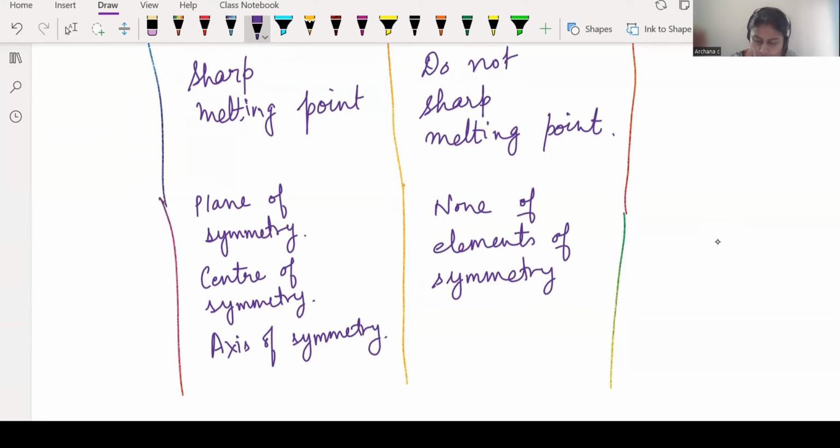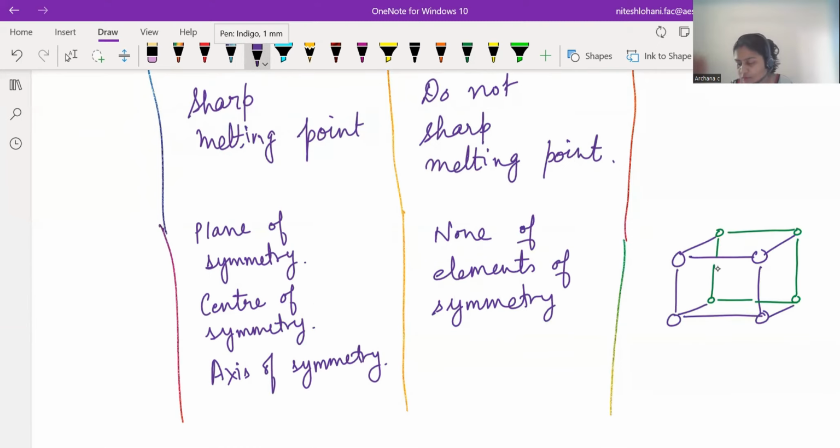If you want to have an example, let us consider this example. So this is front and back face of a crystalline solid. So if I consider, then this can be called as a plane of symmetry. This is the center of symmetry for this particular crystalline solid, and we can have three axes.